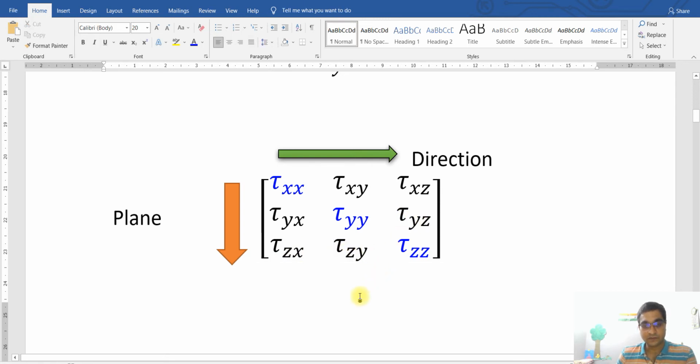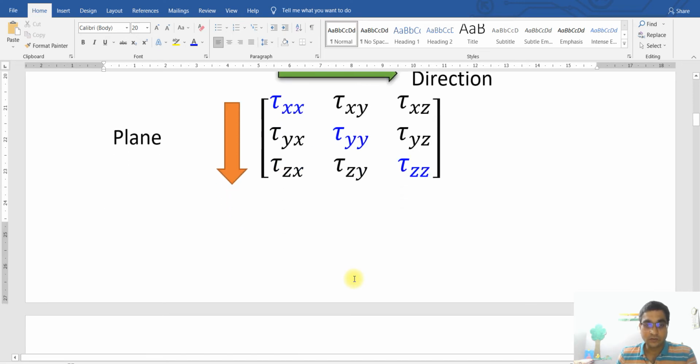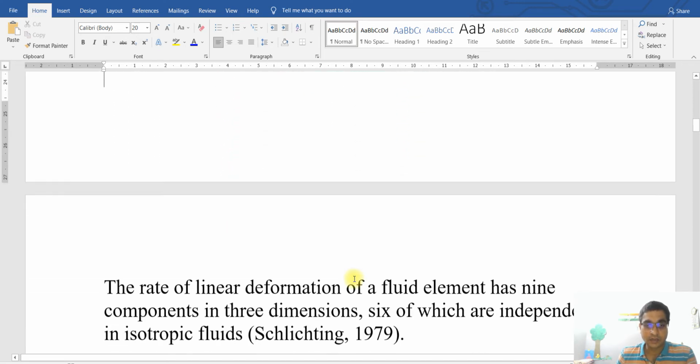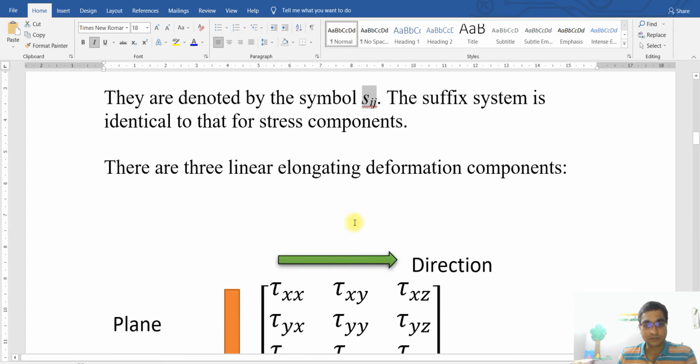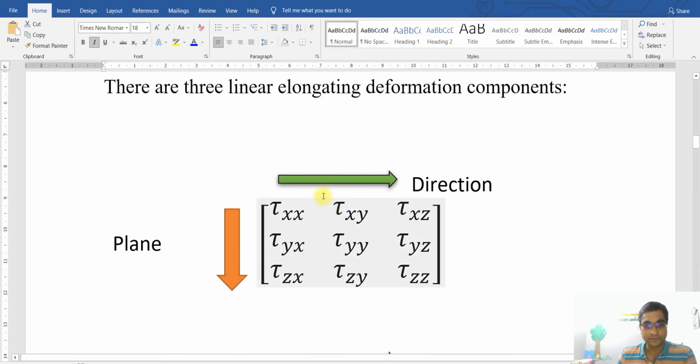So when the stresses have 9 components, in the same way, the strain will also have 9 components. Strain is denoted by Sij, where i is also x, y, z and j is also x, y, z.